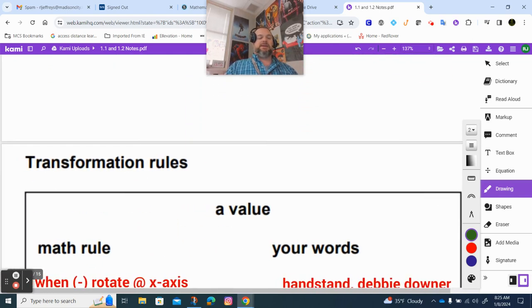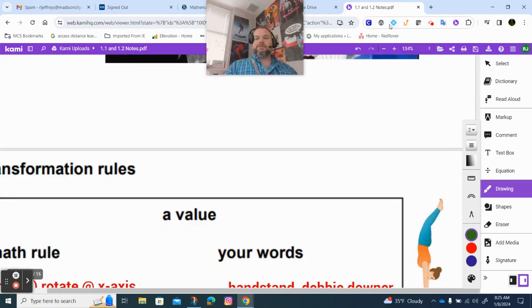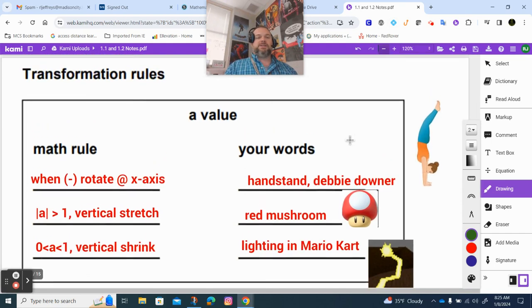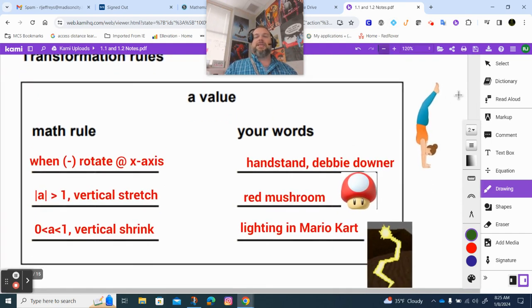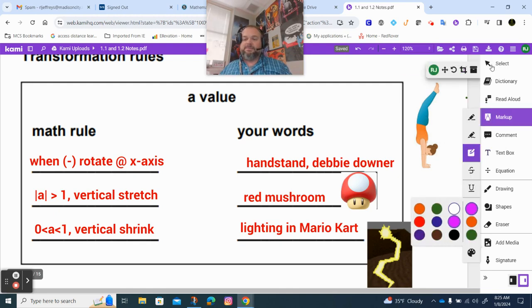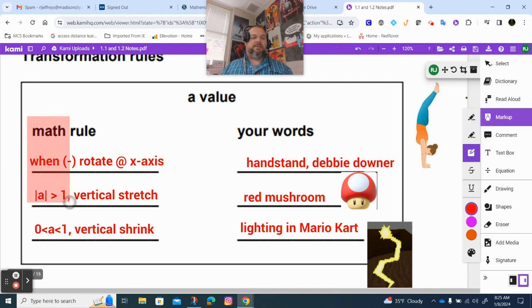All right, this is where you're going to have to write down transformation rules. All right, now let me explain something. This right here, that is like the main thing.